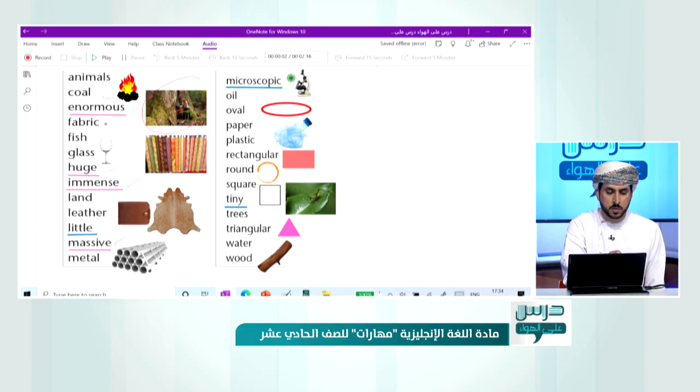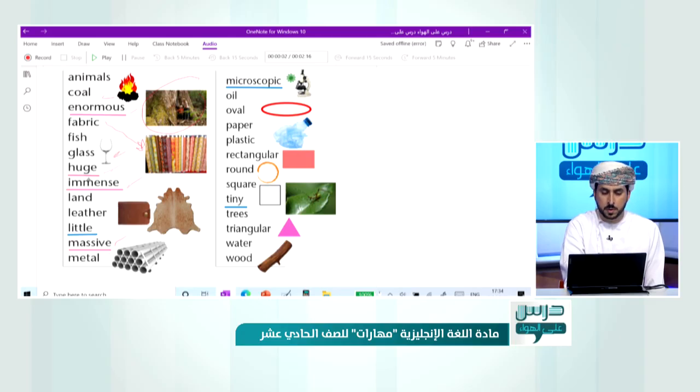Now let's move to fabric. Fabric is a material we use in order to make clothes, curtains, and so on. We have also fish, and this is a very simple word. We have also glass, and you can see the glass here.